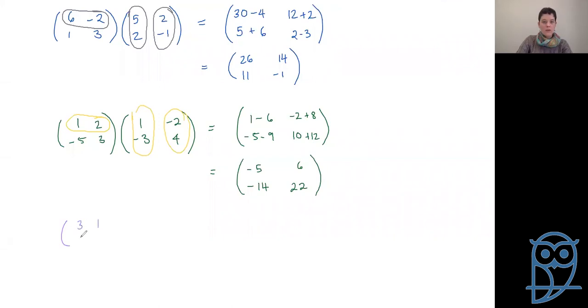So [3, 1; -2, -4] times [1, -3; 2, -1]. What does this one equal? And again, it doesn't matter how many of these you've done. Let's make this more exciting and put some more minuses in it.